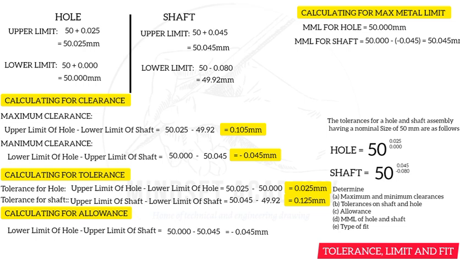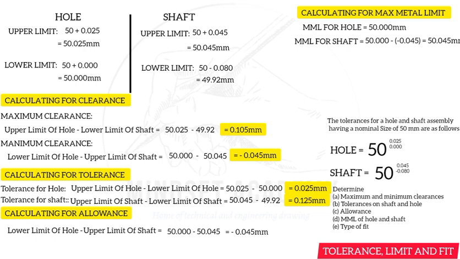So we move forward. Now the next thing is we should calculate the type of fit. This is given. One thing you need to understand is if the upper limit of the shaft is less than the lower limit of the hole, there will be a clearance.